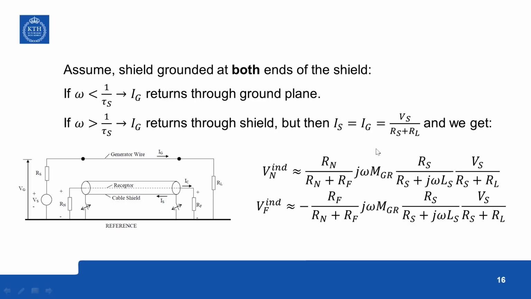Then substituting those values, we get near end crosstalk and far end crosstalk by this expression, V_S by (R_S plus R_L). So this expression is valid only when omega is far greater than 1 by tau_s.